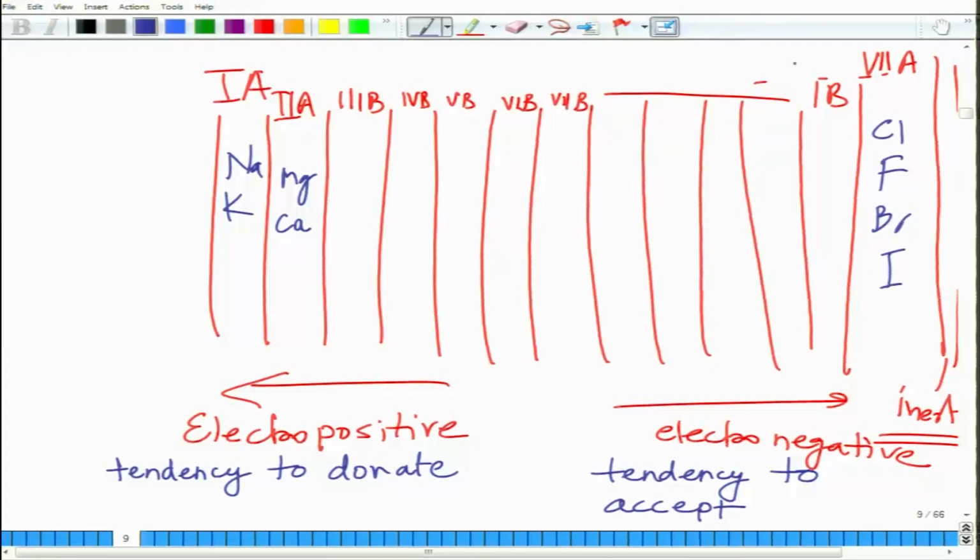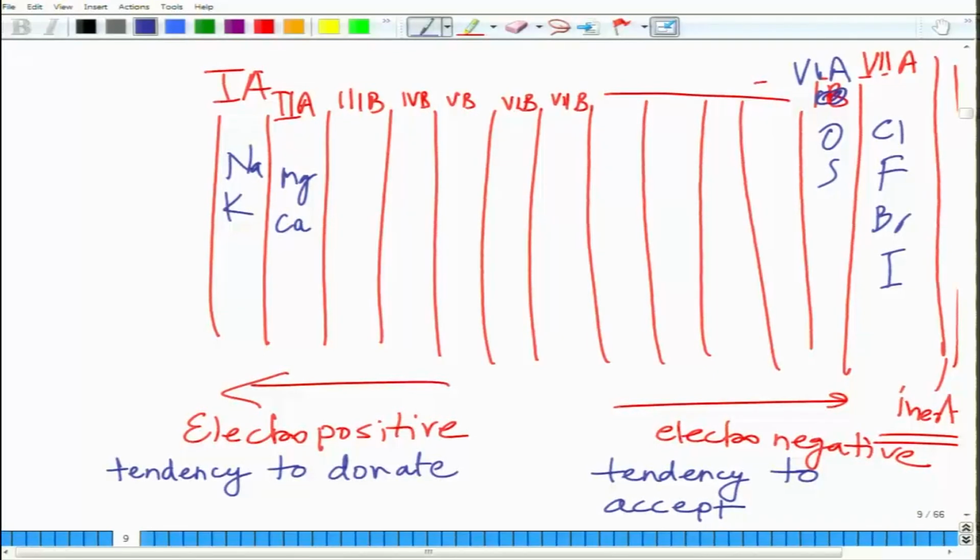Similarly, if you go to 6A, then you have oxygen, sulfur and so on and so forth, they have tendency to accept electrons. So on one side you have atoms which have tendency to donate or give up the electrons. On the other side you have atoms which have tendency to accept the electrons.